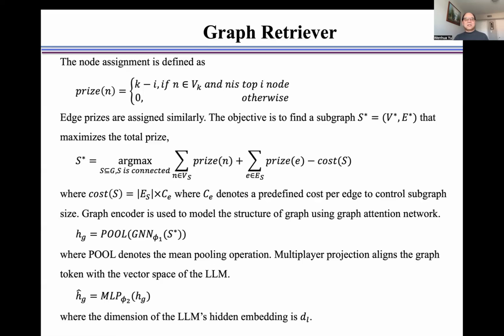The graph encoder is used to model the structure of a graph using a graph attention network here, where the pool function denotes the mean pooling operation.